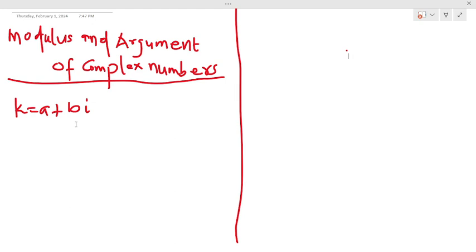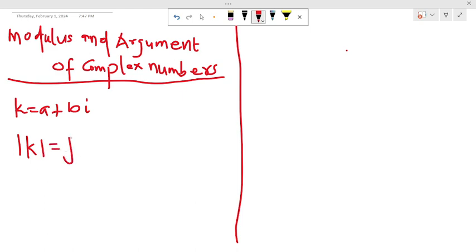Now let's get started with today's topic. Suppose we have a complex number a plus bi. The modulus of this complex number is equal to the magnitude of k, which is equal to the root of the real term, which is a squared, plus b squared, the imaginary term squared.